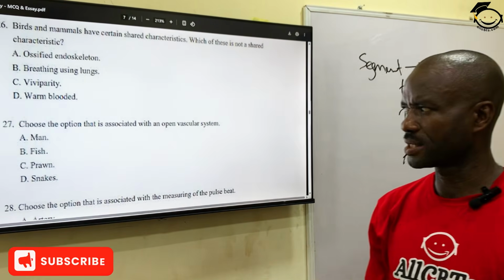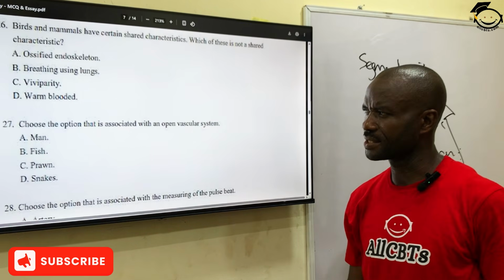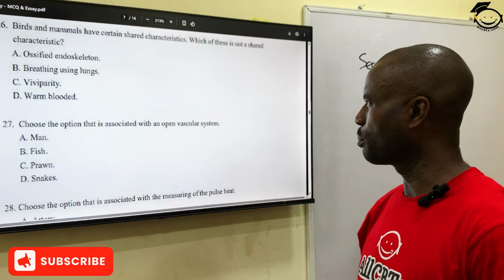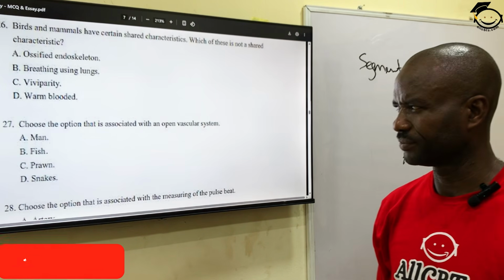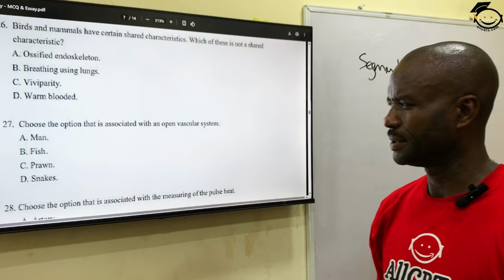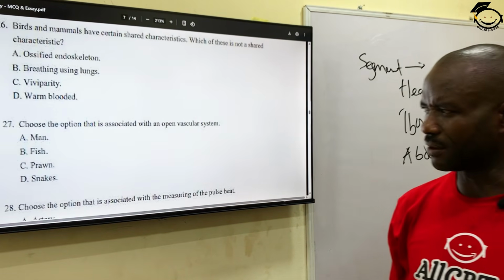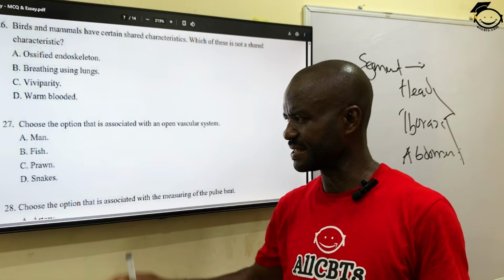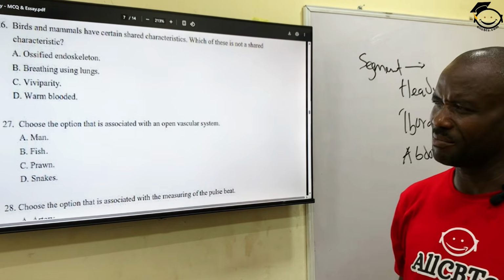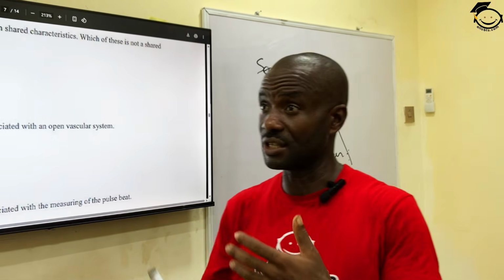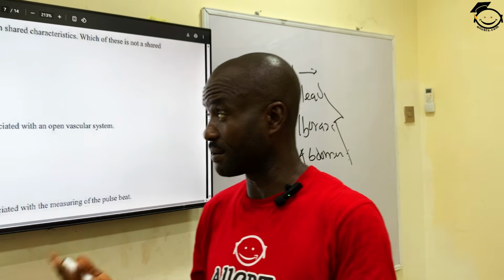All right. Question 27 says, choose the option that is associated with an open vascular system. A, man. B, fish. C, prawn. And then D, snake. When we say open vascular system, meaning you can easily see their vessels on the outside.